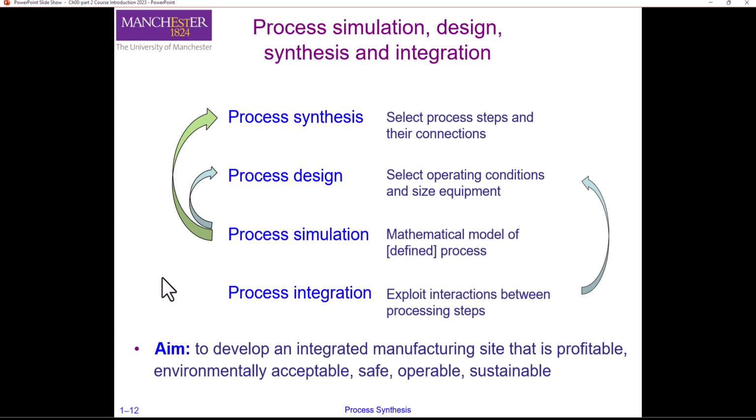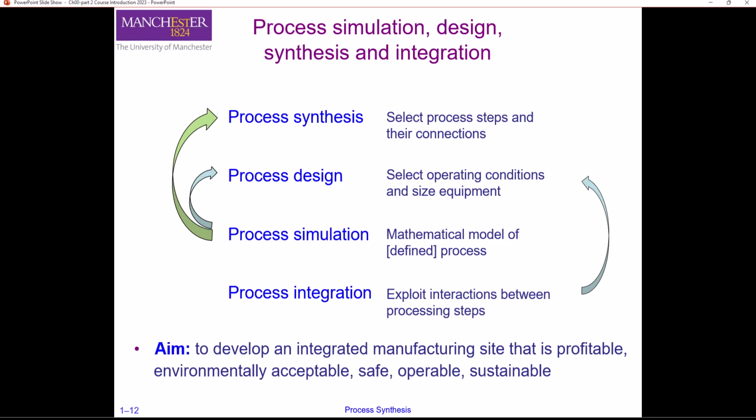Process synthesis, that is also the focus of this unit, involves selection of the series of process steps and the connection between them. The units and how we connect them is what we call configuration of a flow sheet, and we will look at it in the next slides and in the next lectures as well.